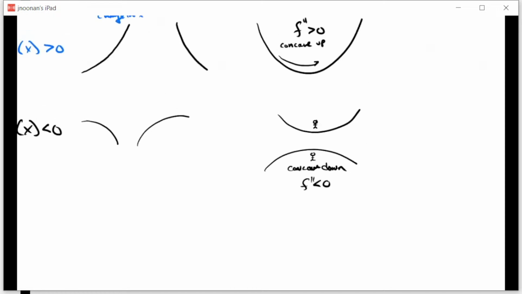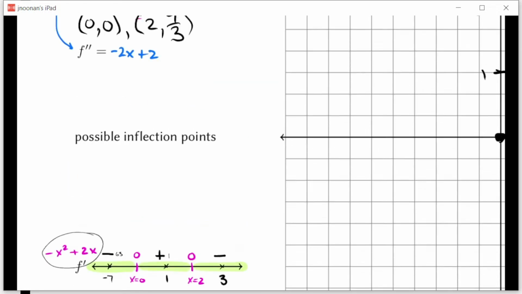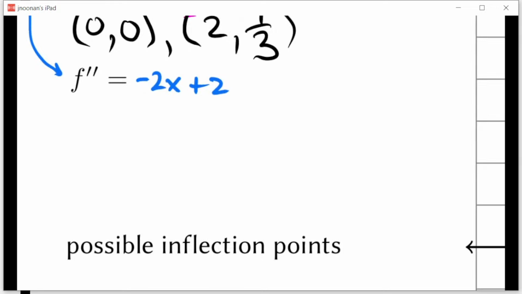Okay, so let's get back to our graph. There it is. So you'll notice that I have the second derivative, and in order to figure out what's going on, what we're going to do is set this equal to 0 and solve it. So I get x equals 1.